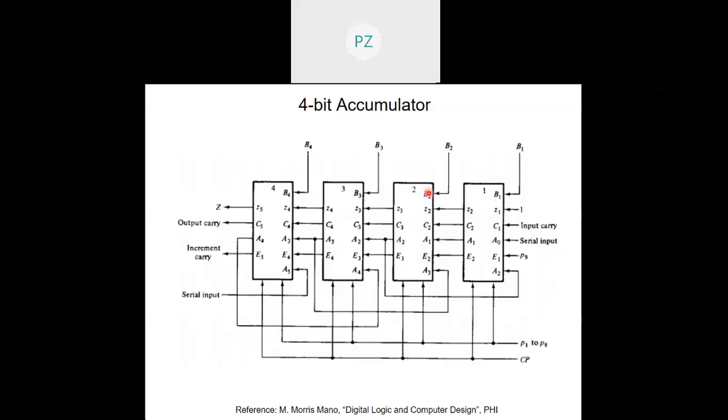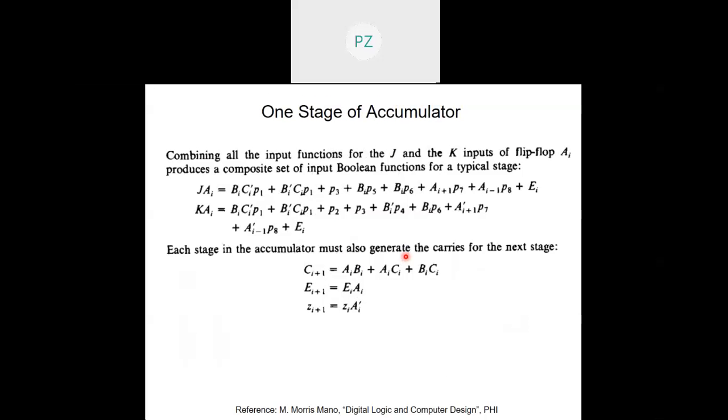Likewise, it receives B2, Z2, C2, A2, E2, A3, right? And A3 will be this one for shifting right. And then correspondingly Z3, C3, A2, E3 will be generated. Four outputs will be generated. These are the four outputs, 1, 2, 3, 4, right? These are the four outputs that should come out of it, right?